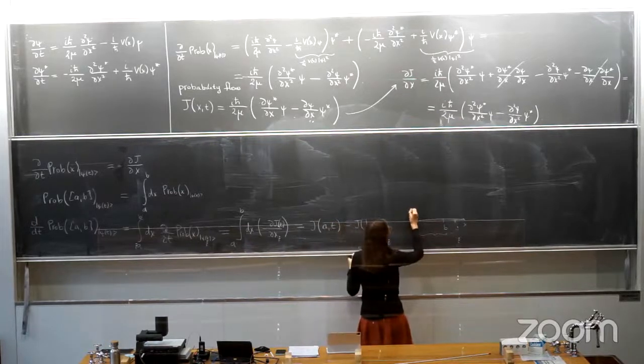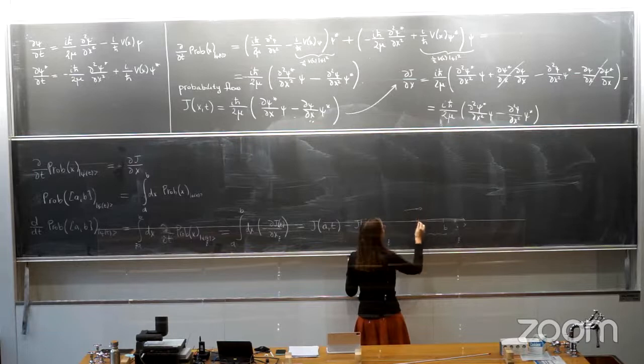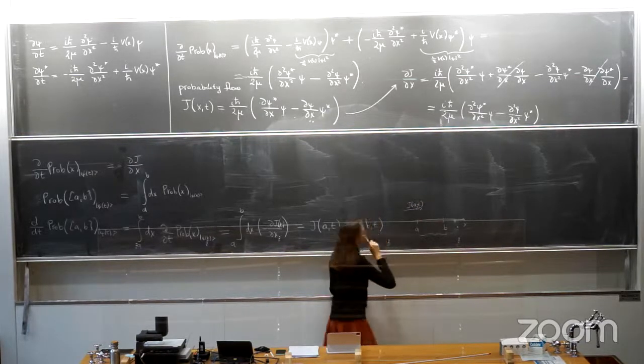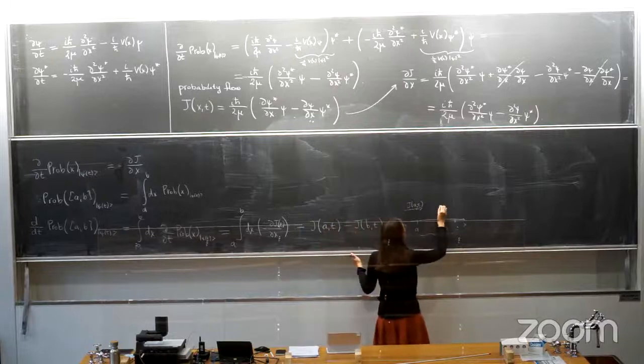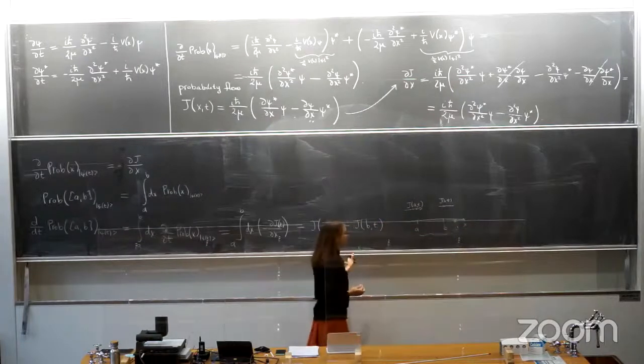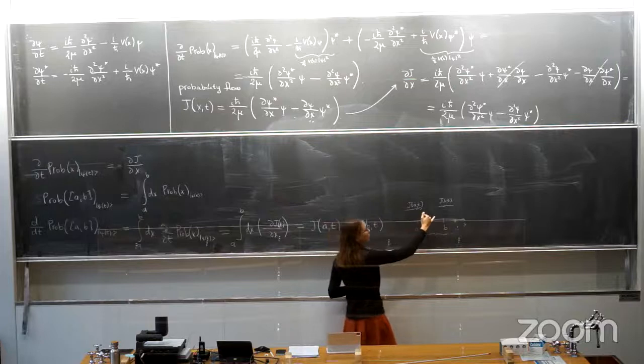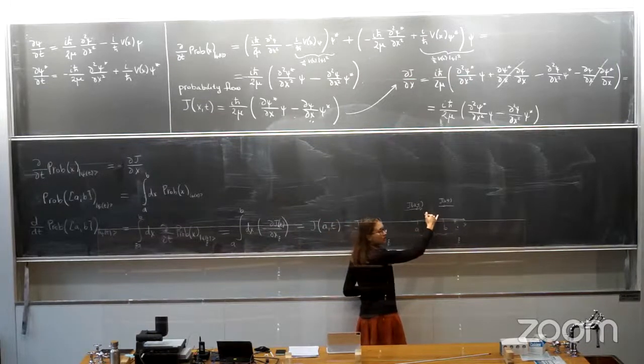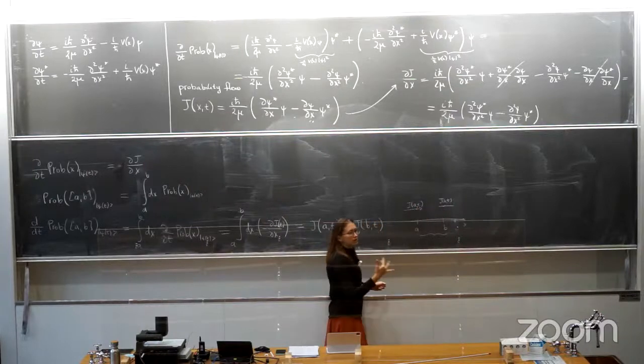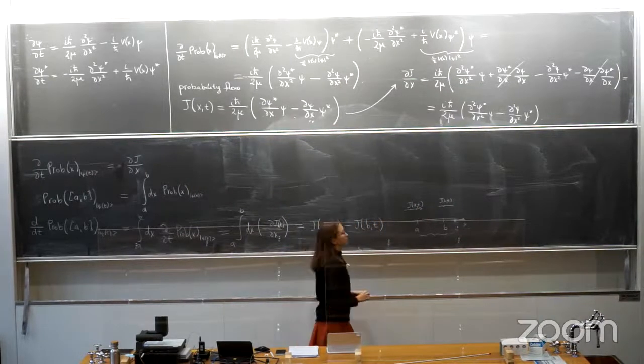So at the point A, it corresponds to the flow j of a t, and at the point B, there is a flow j of b t. Everything that stays in this interval exactly corresponds to the difference between these flows. So this is all that went in but didn't go out.